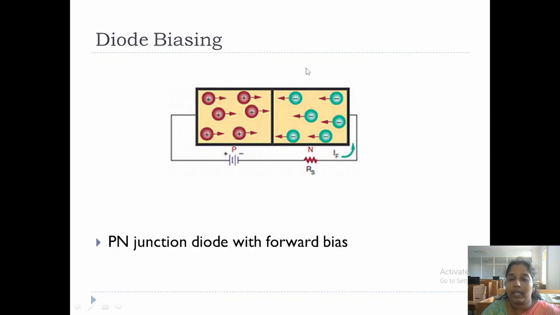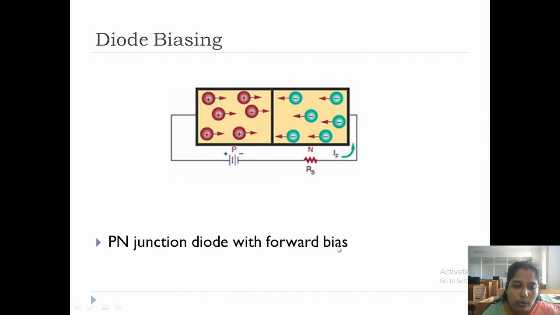If the majority carriers on both the n side and the p side want to cross the depletion region, they require some external biasing voltage. Based on this, we classify biasing into two types: forward biasing and reverse biasing. In the case of forward biasing, look at the picture.